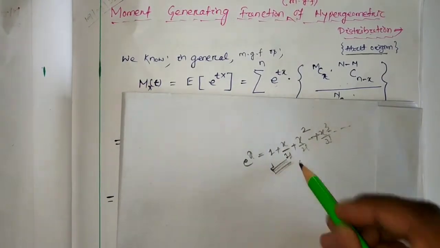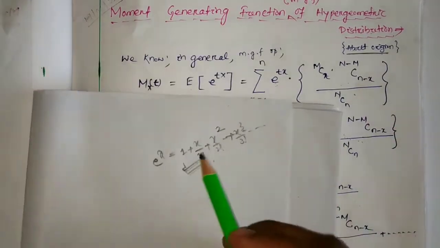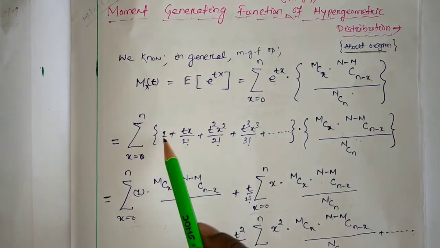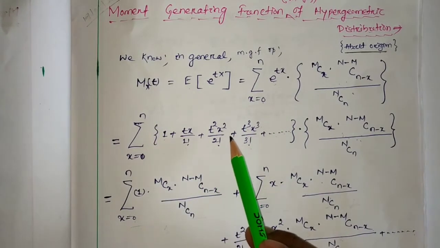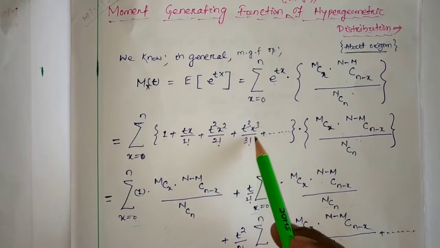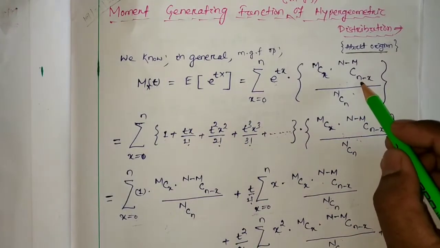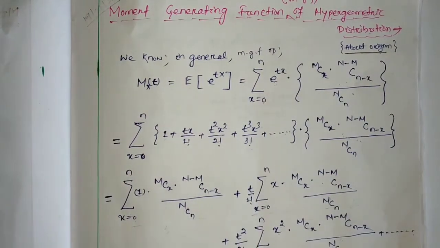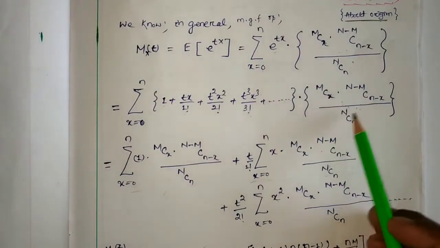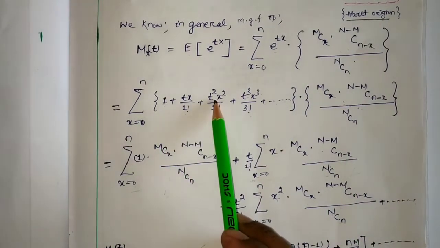Here it is tx, so it will be 1 plus tx by 1 factorial, t square x square by 2 factorial, t cube x cube by 3 factorial and so on, into the PMF, the probability mass function. I multiplied the PMF with each term: first, second, third, fourth and so on.